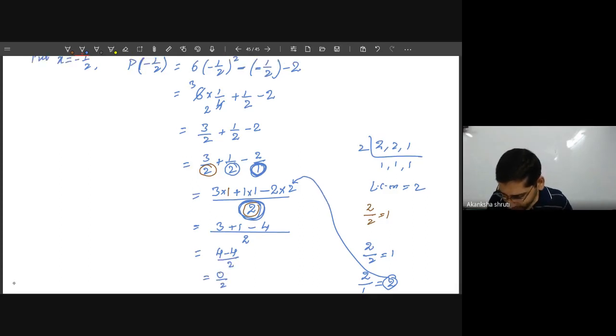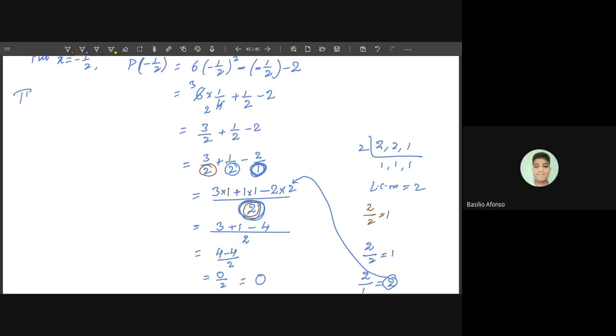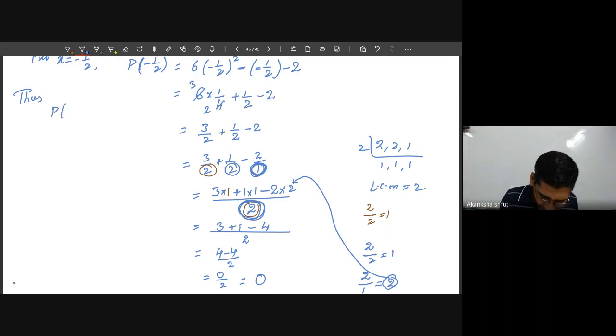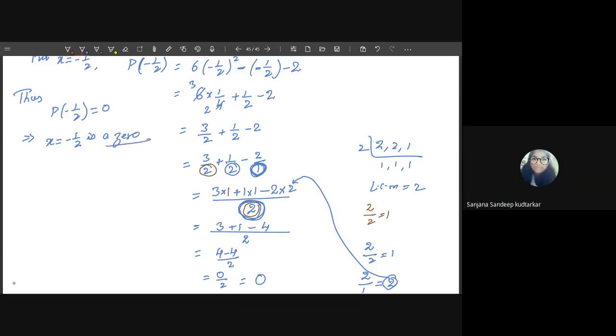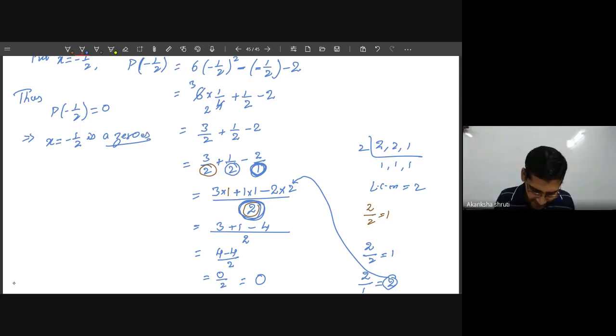Something divided by 0 is how much? It is 0. So thus what we are getting, P of minus 1 by 2 is coming as 0. This implies x equals to minus 1 by 2 is a what? It is a zero of p(x).